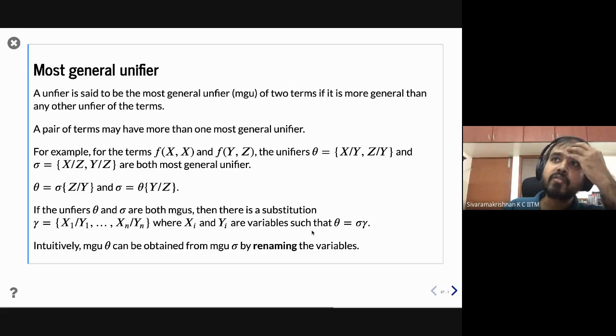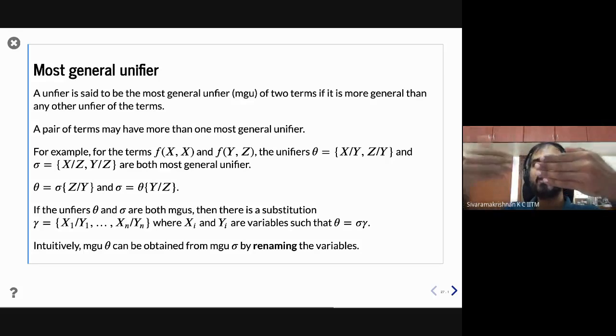Raghu has a question. Will MGUs always exist? If two terms unify, MGUs will always exist. Because by definition, if two terms unify, then there must be a unifier, and it could be a unique unifier or multiple unifiers. What we've seen is, given two unifiers, you can order them by finding a substitution such that one can be composed to get the other.